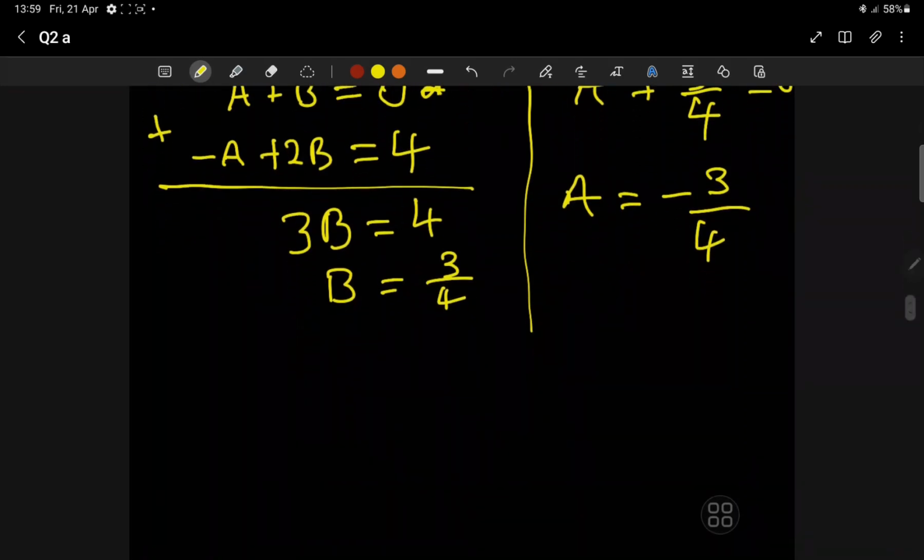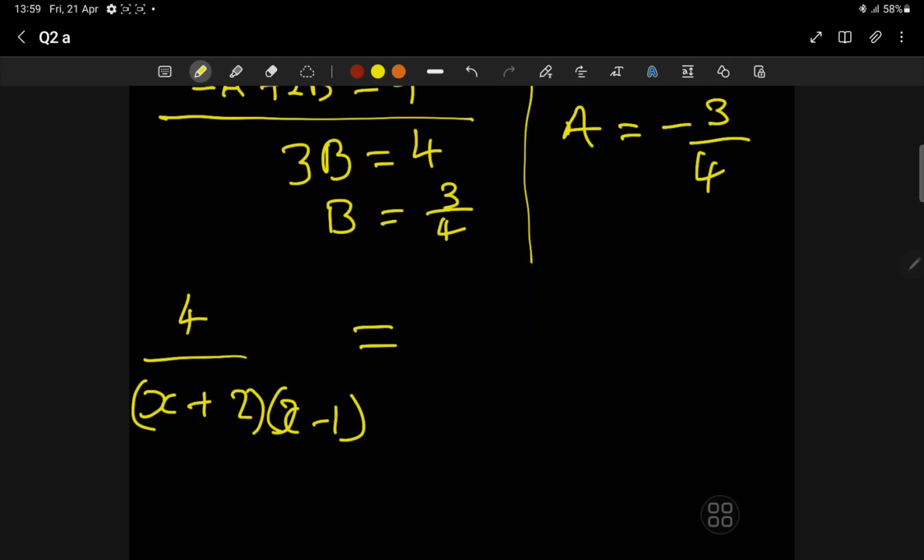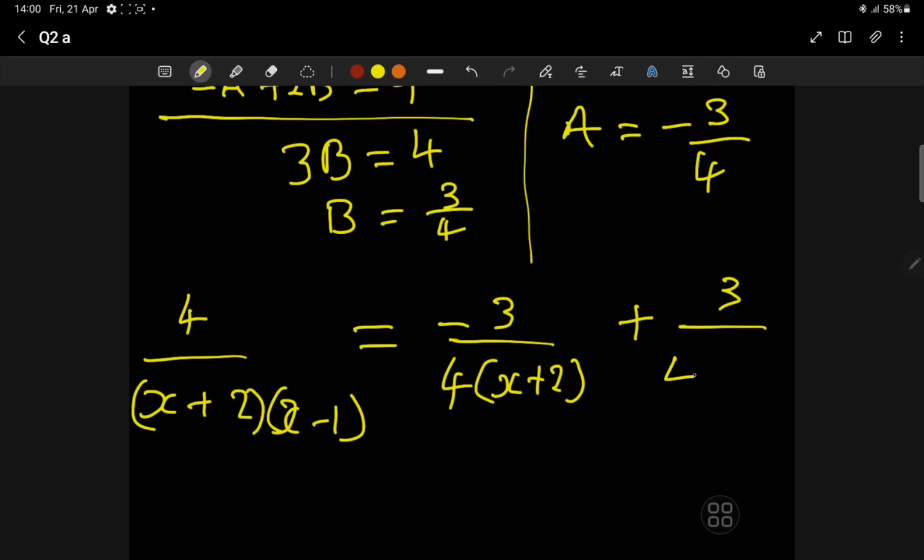So now that we have the solution, we can rewrite the expression. We're looking at 4 over x plus 2 times x minus 1. So now this is equal to, where there was a, we'll replace with negative 4 over 3 over x plus 2, plus then we'll have 4 over 3 over x minus 1.